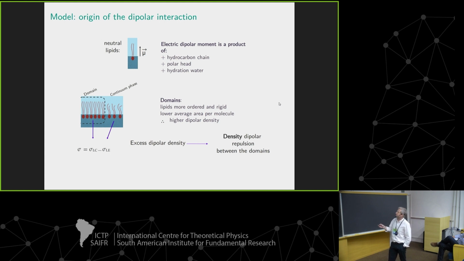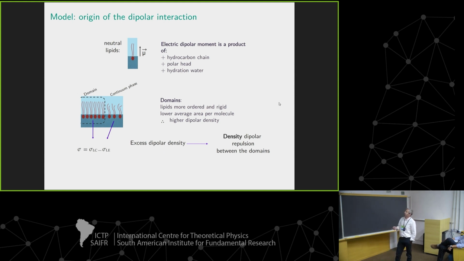This dipolar moment is a product of the structure of the molecule and also of the hydration, because part of the molecule is in water. So if we have two phases, the more concentrated condensed phase has a larger dipolar density than the other phase. So the interaction arises because of the excess dipolar density of the condensed phase in comparison with the expanded phase.